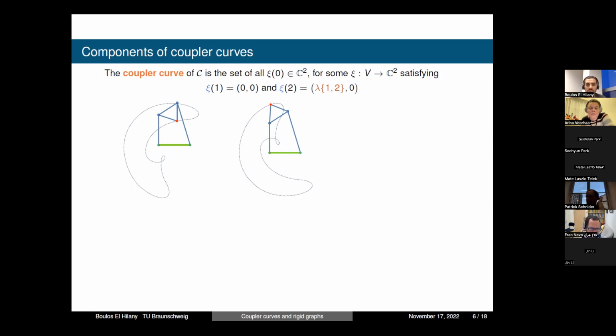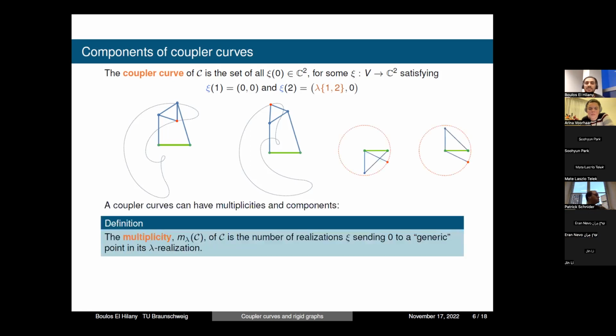Yeah. So the first property is that coupler curves can have reducible components. The second property is that they can have multiplicity. Let's look at this graph, for example. We see it has a realization as a circle.